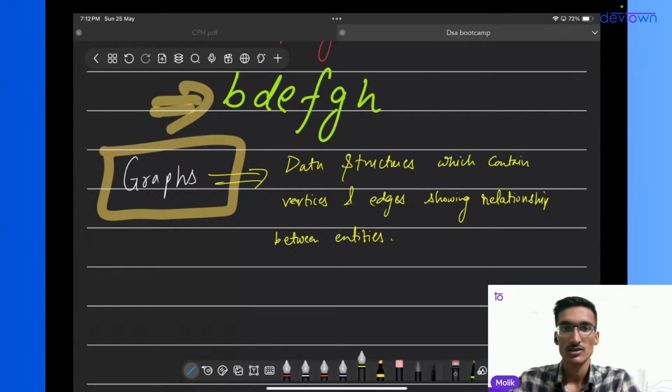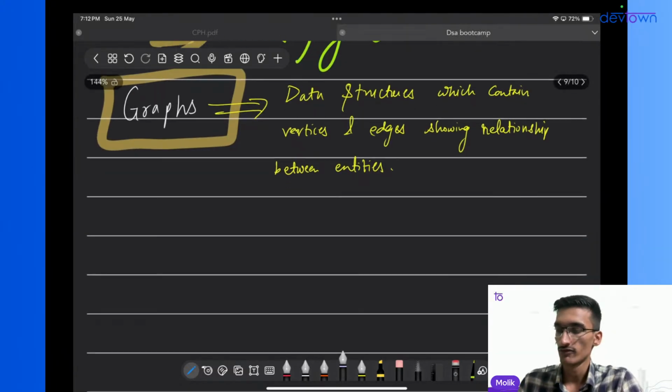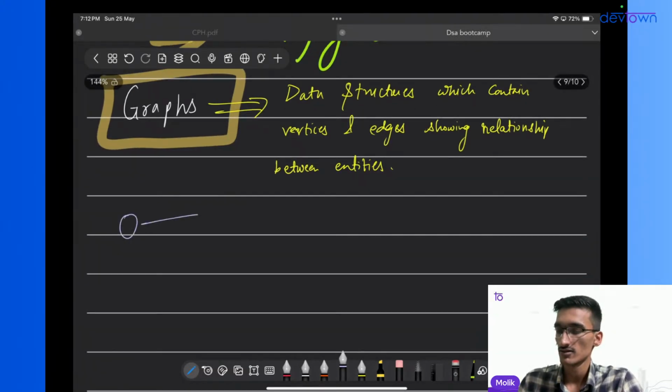So this is the major use case. This is the definition of a graph. So you will often see a graph somewhat like this. This is a graph.